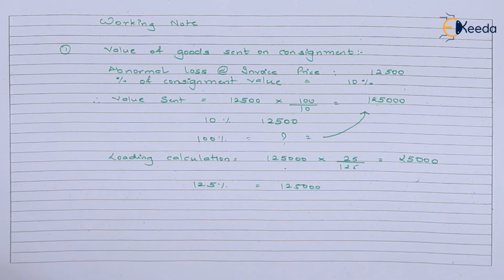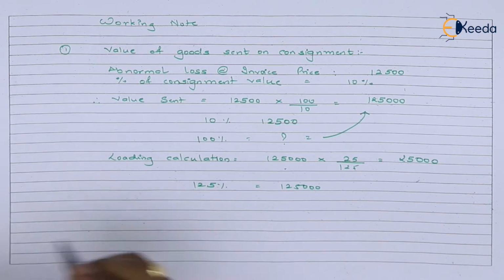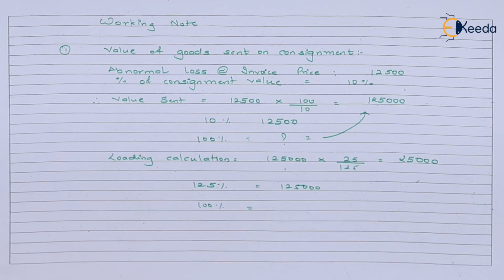So what will be 100% of it? Because it is already set at an invoice price which is 125%, the 100% calculation is supposed to be done.